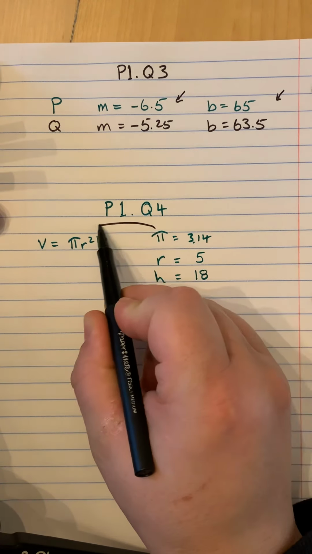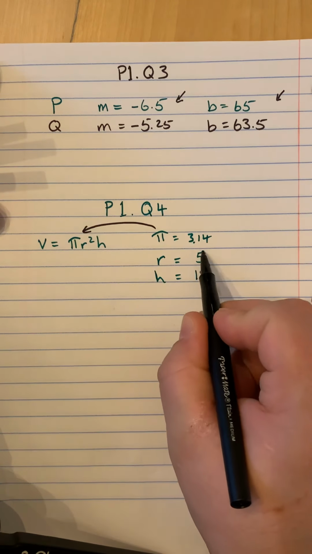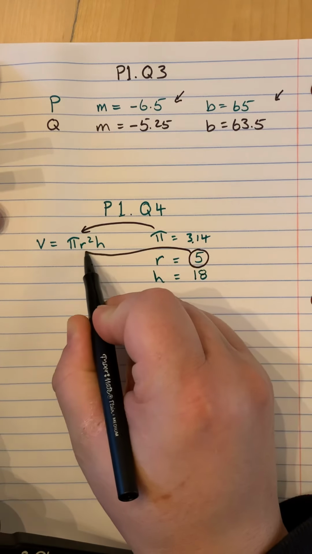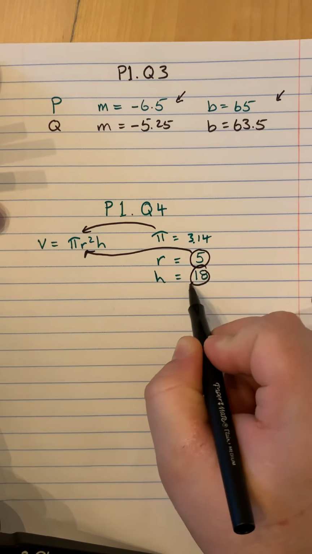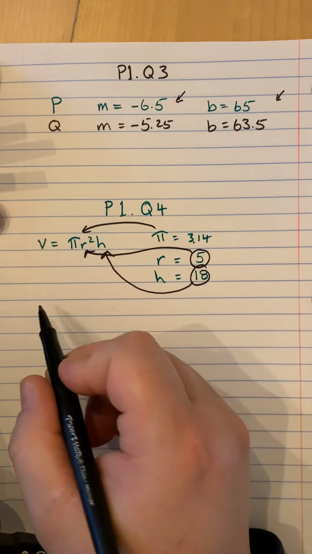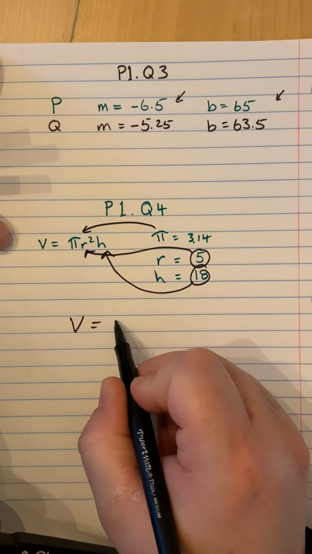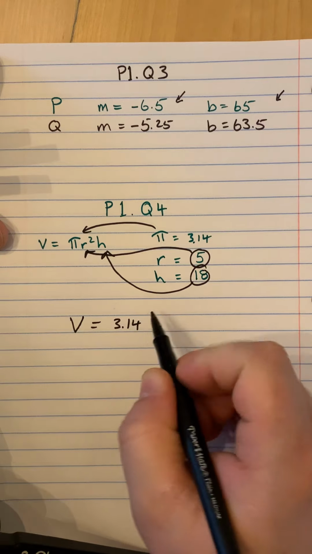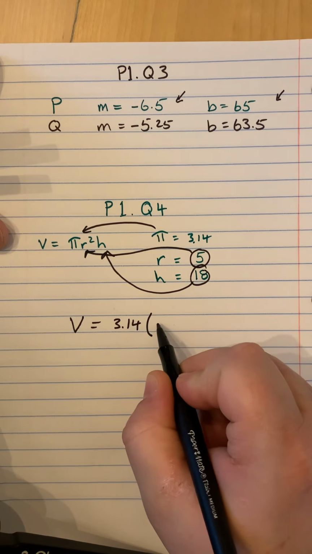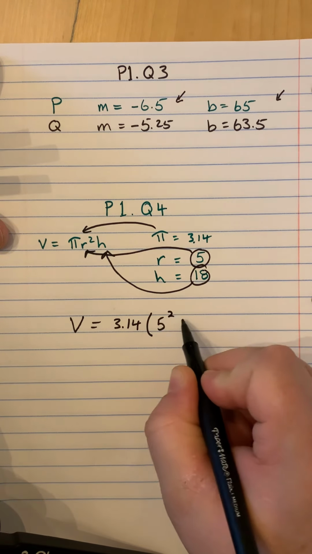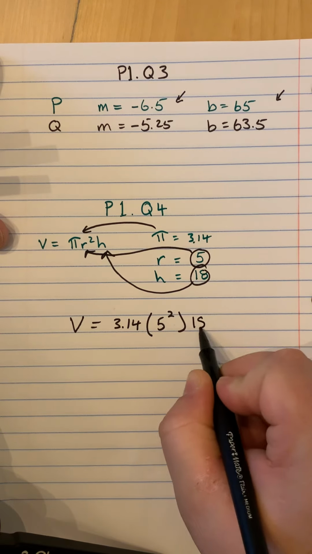So pi is going to be 3.14, 5 is going to go in for r, and 18 is going to go in for h. And when we rewrite this, we should have volume equals 3.14 times 5 squared times 18.